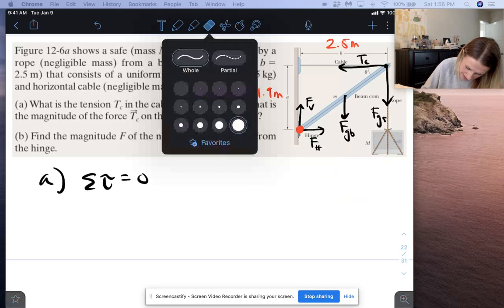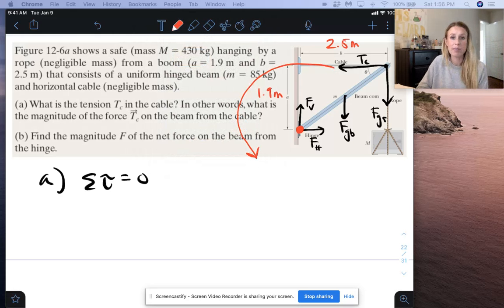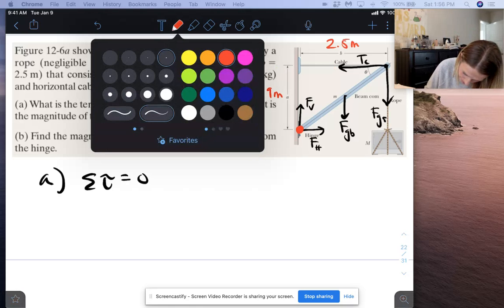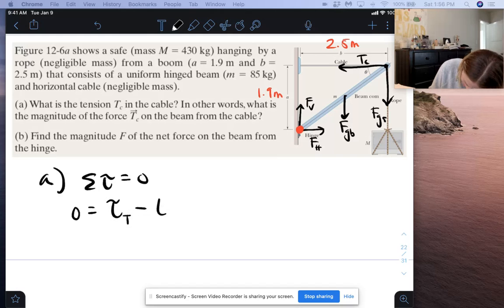And then we can see that that tension force is going to pull counterclockwise. So that's going to be a positive torque. So now we can plug those signs in. So our net torque, 0, is equal to a positive torque from the tension minus the torque from the beam minus the torque from the safe.